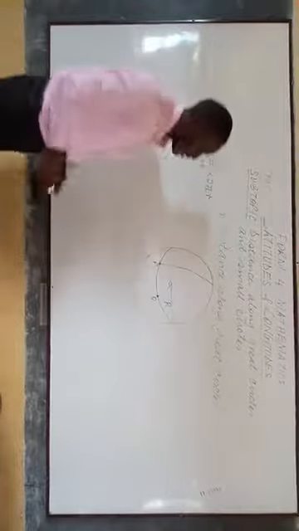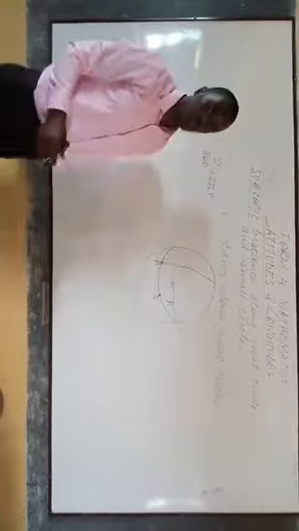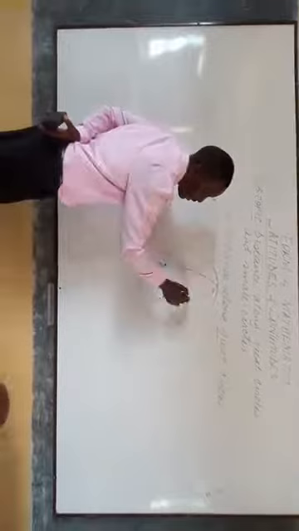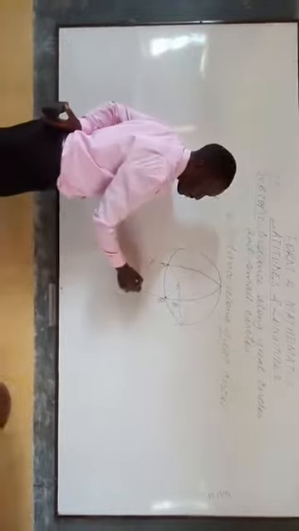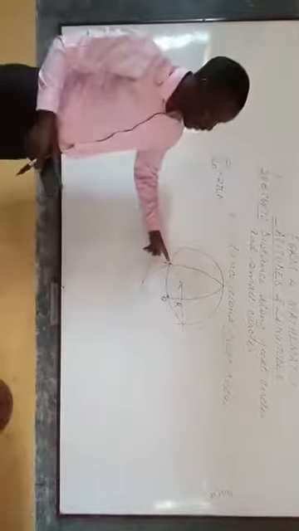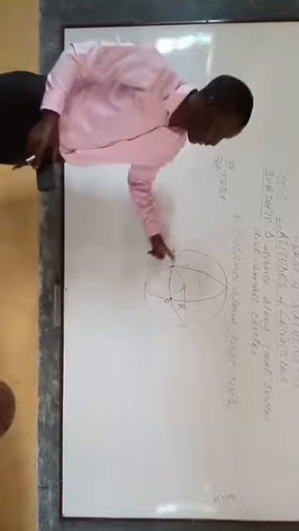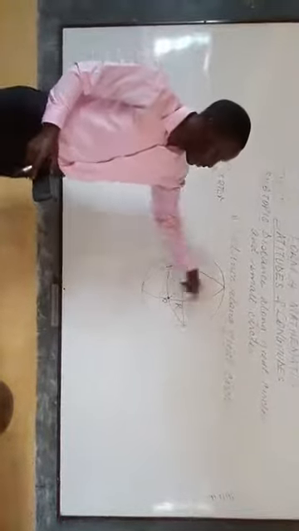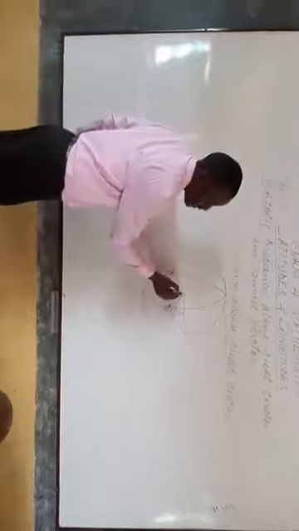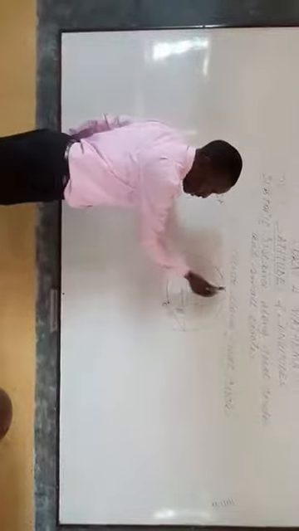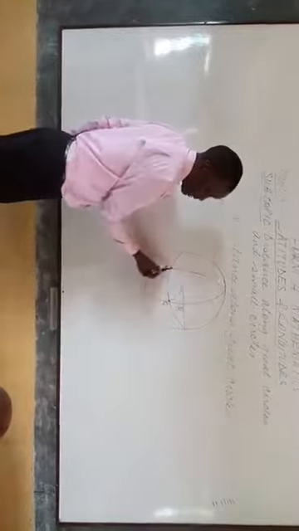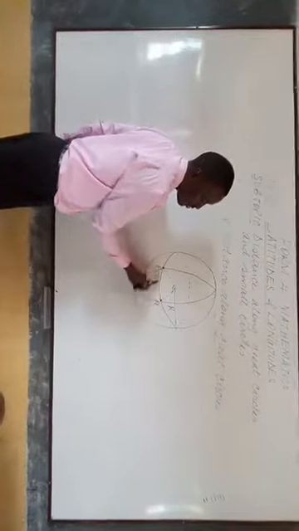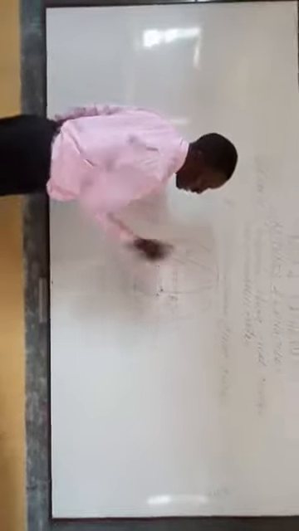Same case applies to point Q. In as much as it lies on the equator, it also lies on a certain longitude. So when you look at these 2 points, they lie on the same latitude, that is the equator, but they lie on different longitudes. So for us to know the angle that is here, we simply need to ask ourselves, what is the longitude difference from this point to this other point? And the longitude difference is definitely going to take us to this angle.